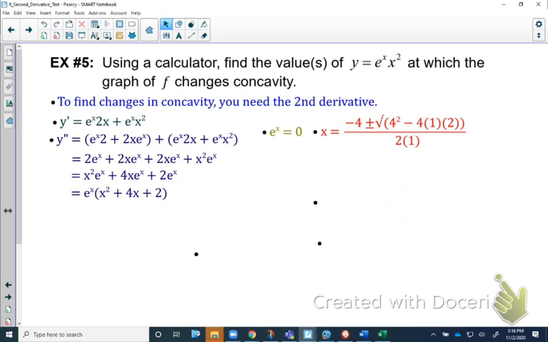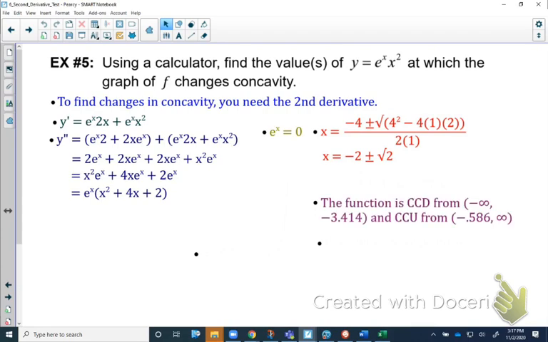So I'm just using the quadratic formula to identify what the roots of that quadratic are, so that I can have my critical numbers. In that case, I get -2 plus or minus the square root of 2 when I simplify everything. So those are the critical numbers of the derivative.